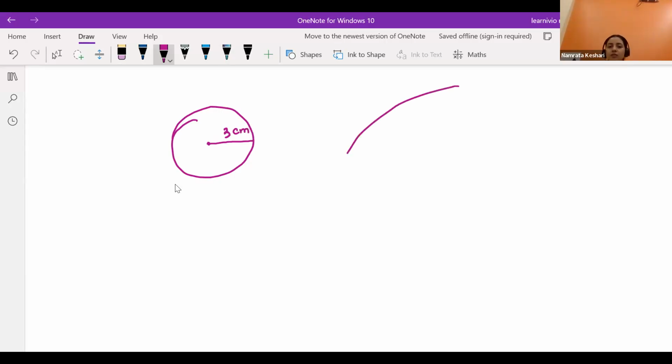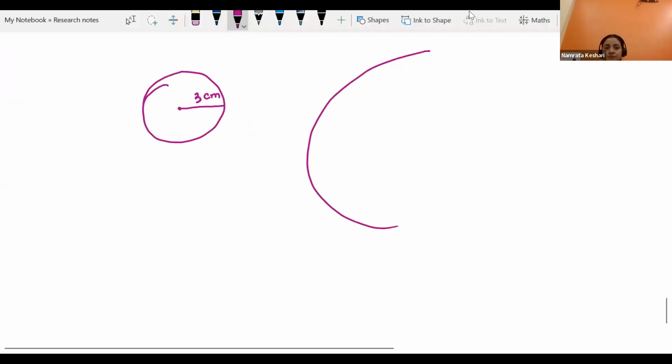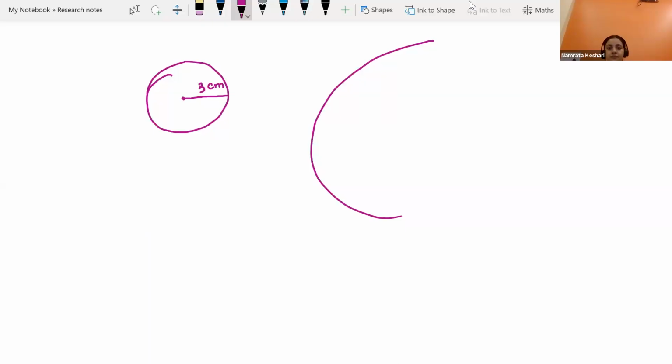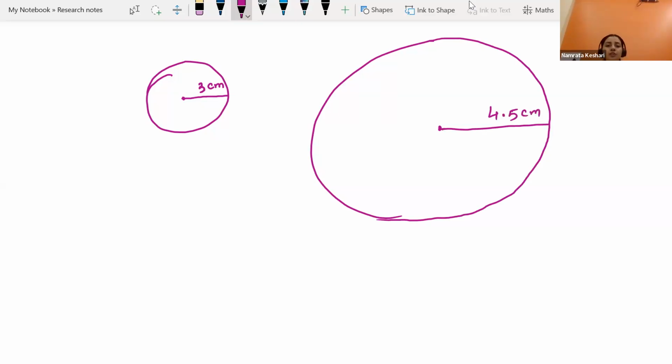I am drawing another circle over here, and maybe the radius over here is 4.5 centimeters. Now the question is whether these two circles are congruent or not.